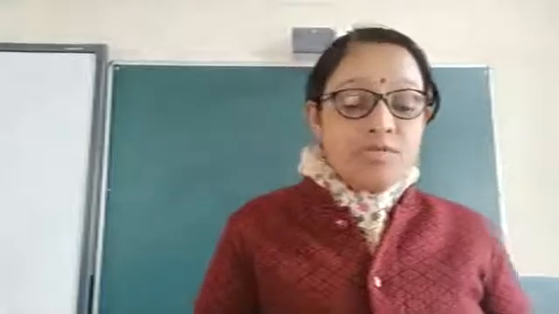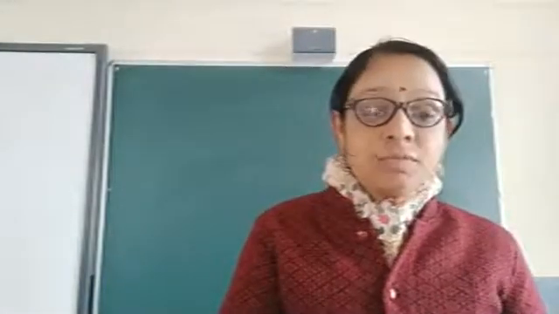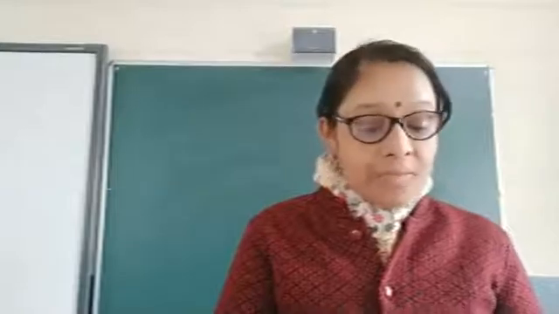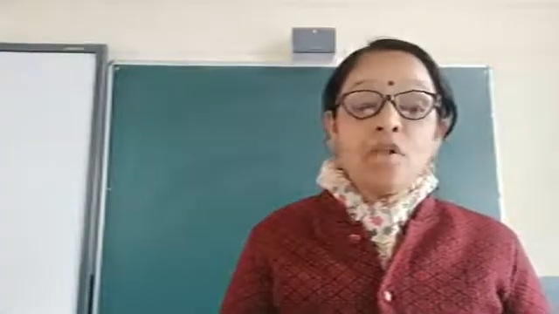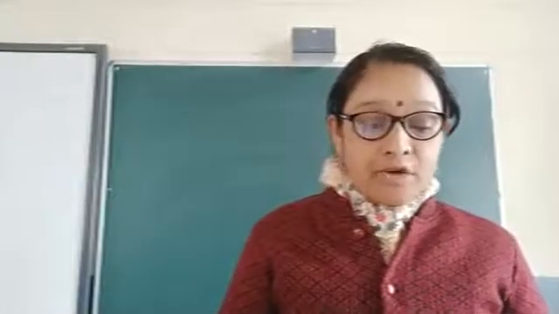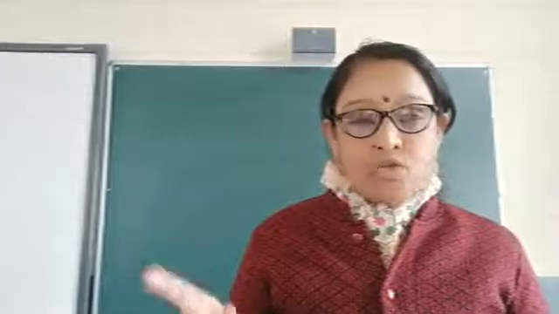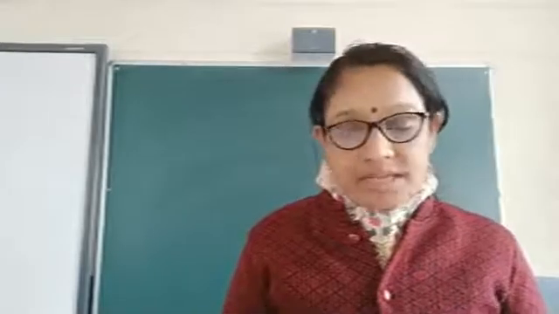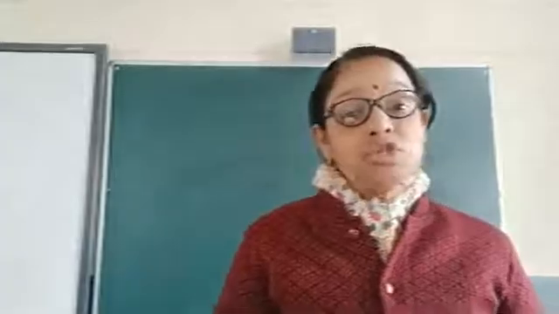Under the causes of the Reformation, only one cause is there, that is dissatisfaction with the practices of the Catholic Church. In this you have a total of 5 points, and all 5 points I have already explained. Like the first paragraph, you have to study economic factors, corruption in the church, rulers' resentment, movement against the church, and the immediate cause.